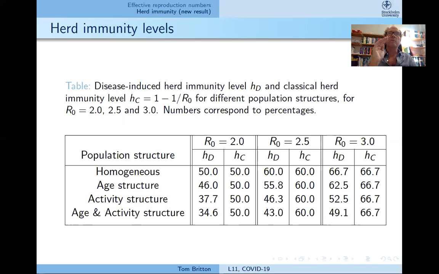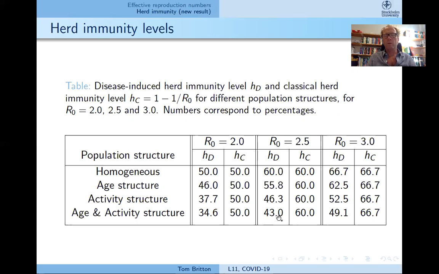But if we insert preventive measures to such an extent that 43% get infected, if we then lift restrictions, the effective reproduction number will be exactly 1. So that there will be no risk for a big second wave.